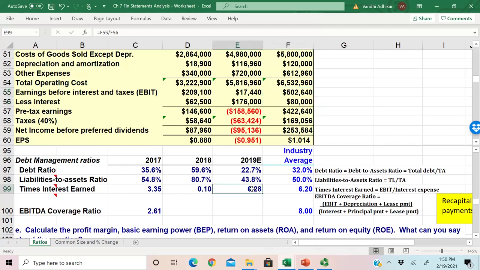That means the company will be very comfortable paying its interest from its operating profit, because it has this 6 times cushion, which is slightly more than the industry, great news. In 2018 it was bizarre because the company only generated 10% of its interest expense as earnings, so its earnings were not enough to cover interest expenses.